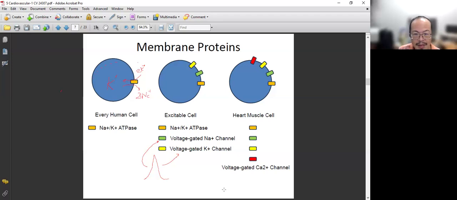So it has depolarization because it has a voltage-gated sodium channel. It also has repolarization because it has a voltage-gated potassium channel. But between these two, it has something called a plateau, like this one here. So its action potential is like this.